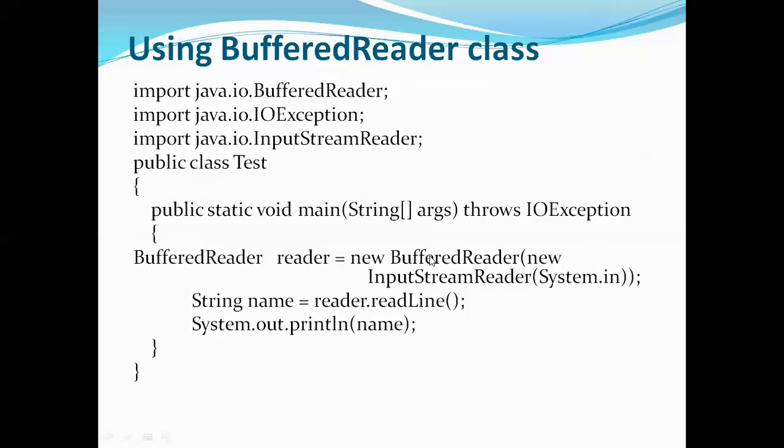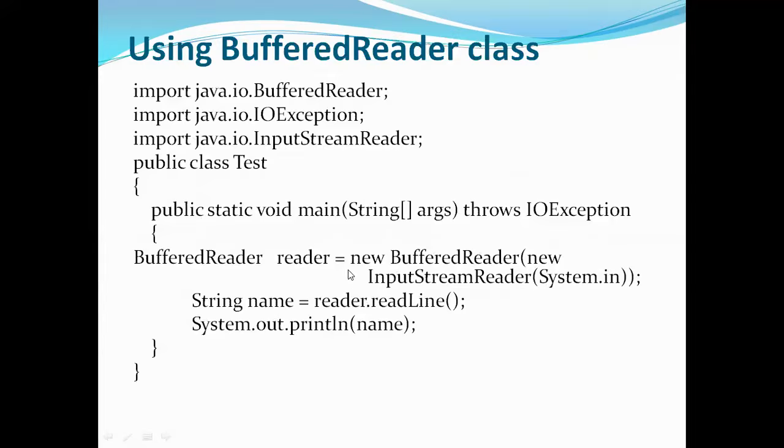Now let's observe this program. I'm importing some packages like BufferedReader, IOException, InputStreamReader. So basically I'm including the input output stream classes. Next, in my class called test, I'm writing my main method. Inside that, I'm writing the BufferedReader statement.